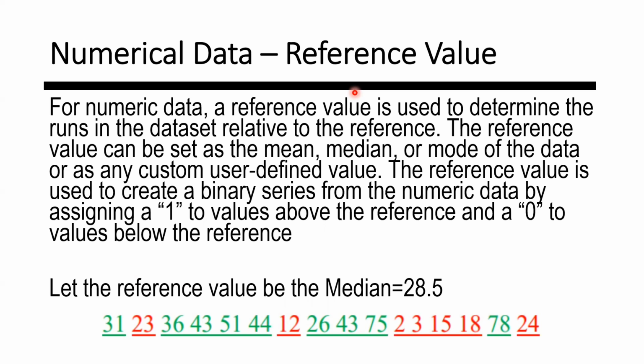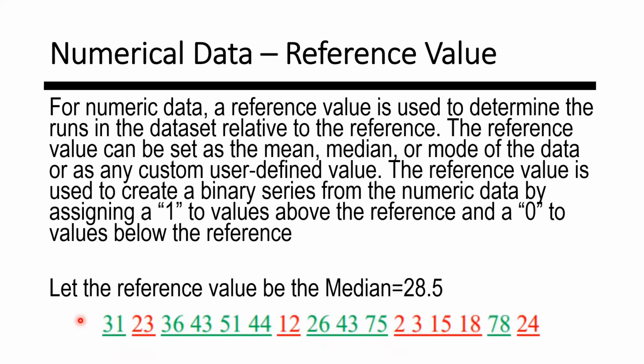In our example, let the reference value be the median, which is equal to 28.5. So in this example, this is the median of this dataset. Now, we'll mark green the values that are above 28.5, and we will mark red those values that are below the median.